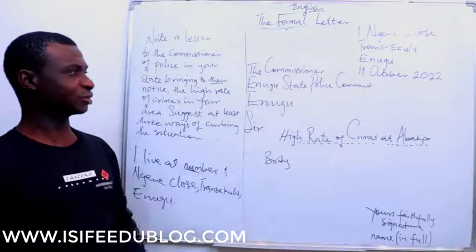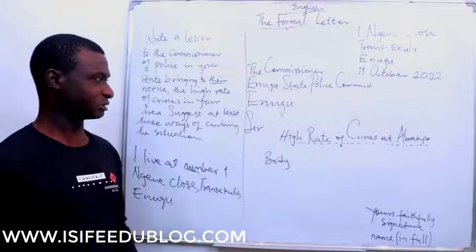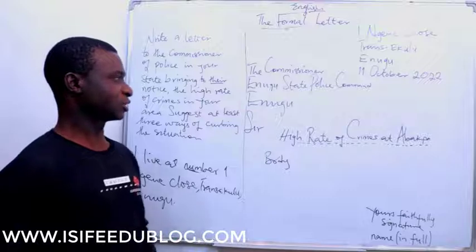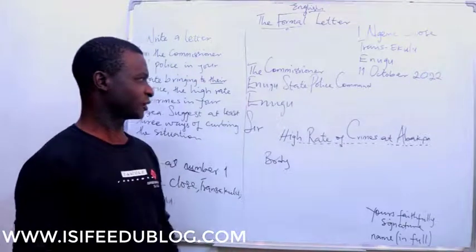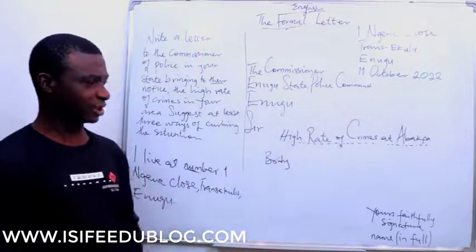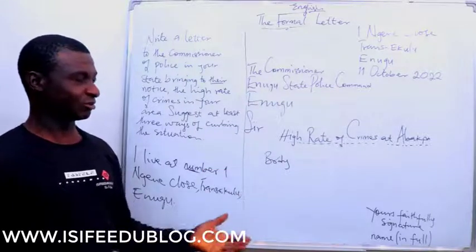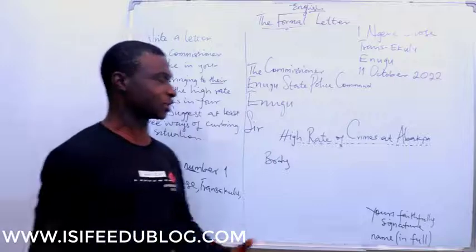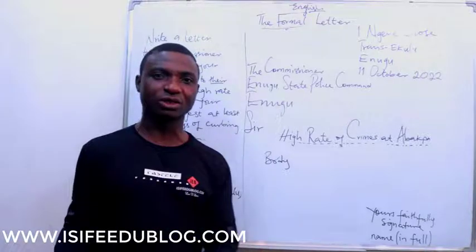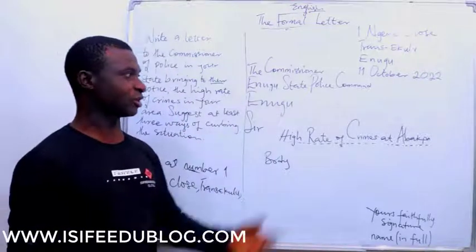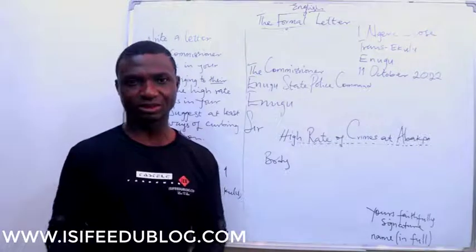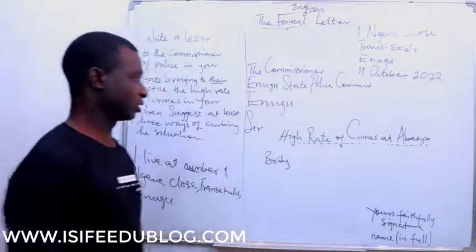Details of the particular location of the office is good, if you wish. In the case of Enugu, I know the official office of the commissioner is located at the GRA. No problem with that if you wish to add it. But why I cut things short this way is, if you do not know the particular location of the office, just write the city. Alright? Just write the city and go your way.